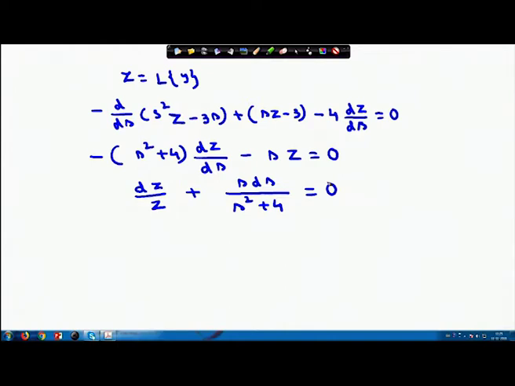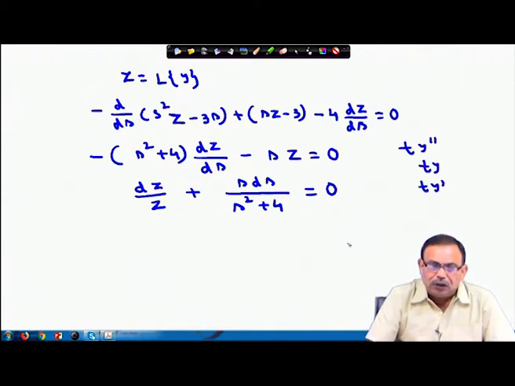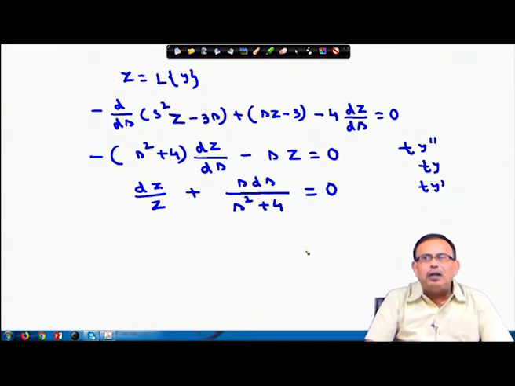So, effectively what is happening whenever you have t into y double dash, or t y, or t y dash, is that you are not getting an algebraic equation, but going back to a simplified ODE only. Please note this change, because usually by using the Laplace transform I should get an algebraic equation.